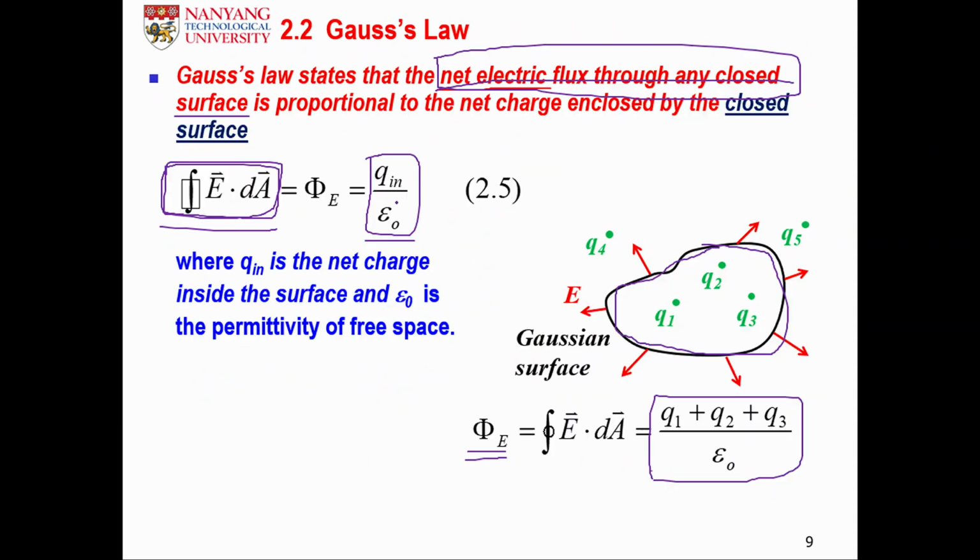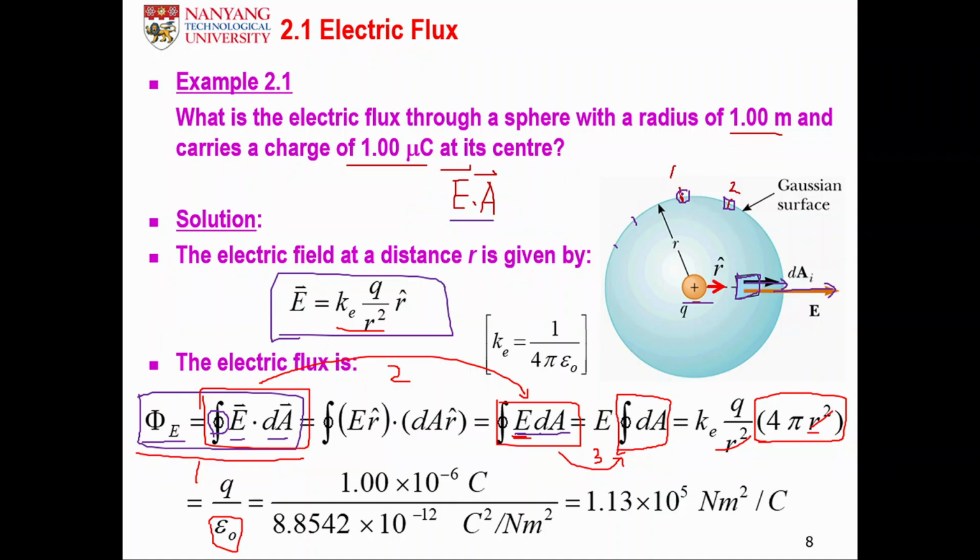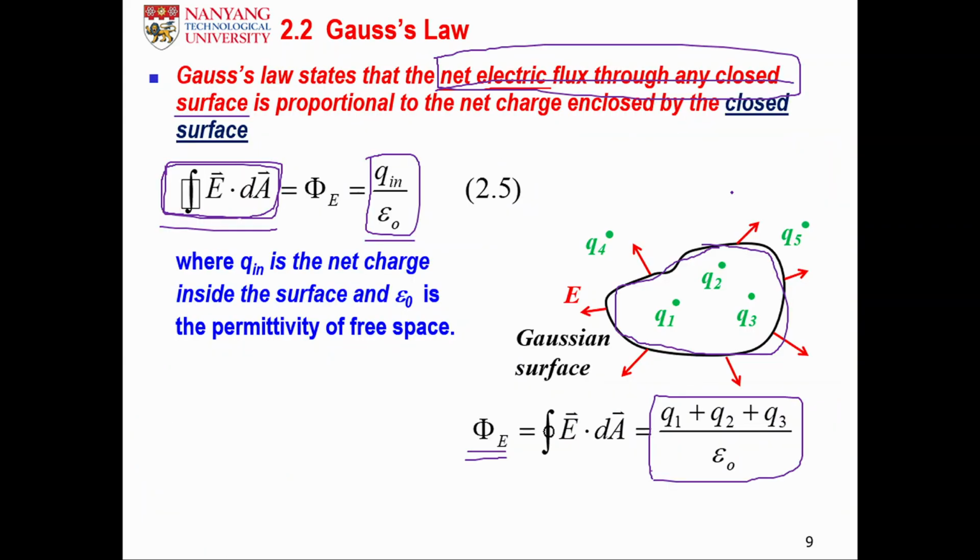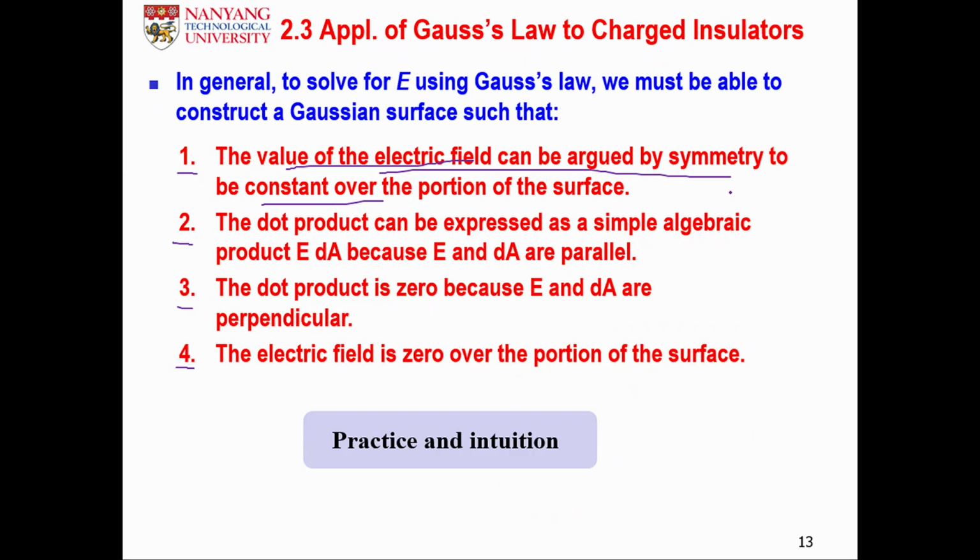Like in this case, by symmetry argument, you can tell the intensity or the magnitude of electrical field at point 1 and point 2 must be the same, right? So this is the meaning of the first point.